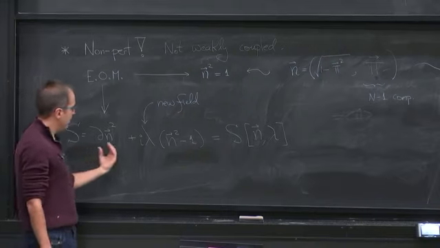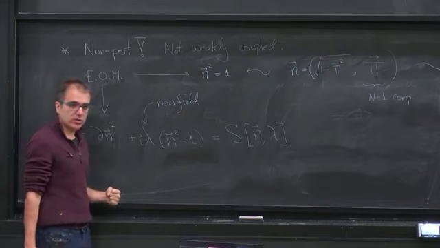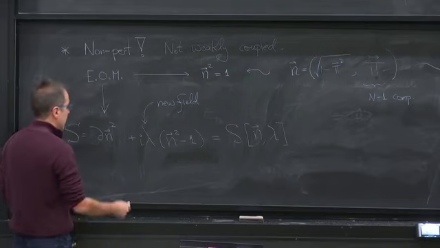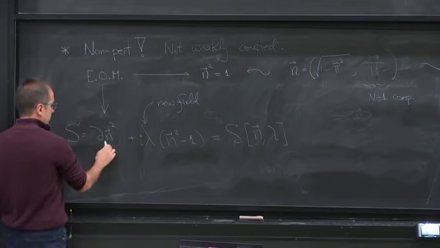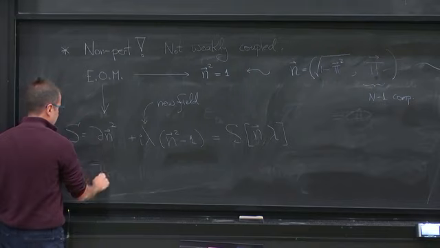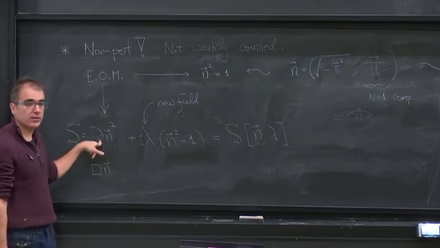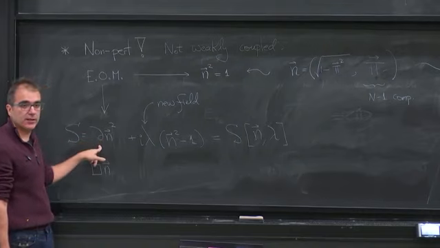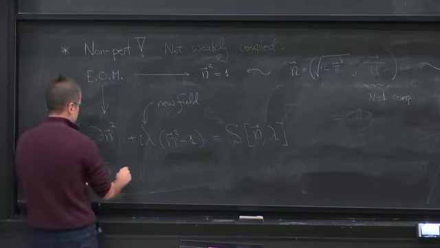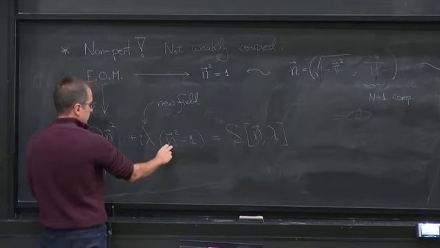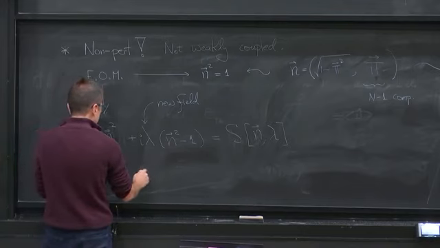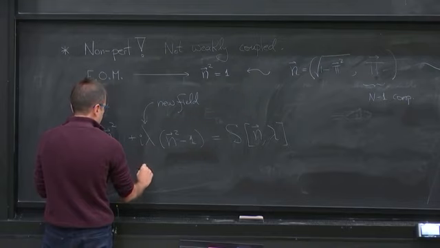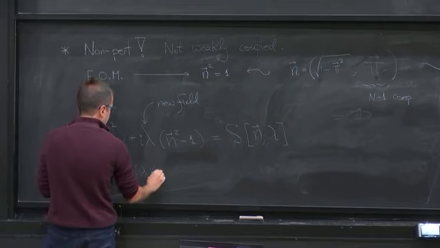Okay, so now let's write the equations of motion for this. What are the equations of motion? Well, I take the usual Lagrange equations, box of n, right? From here, derivative with respect to mu of del mu of n is box of n. Do you agree? Equal to the derivative with respect to n, which gives me i lambda n.